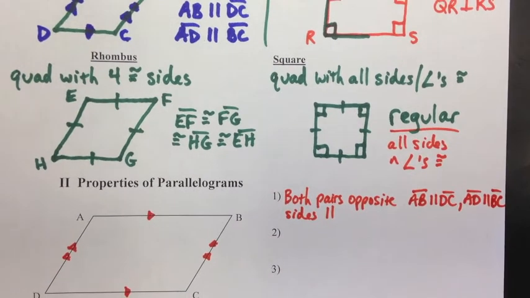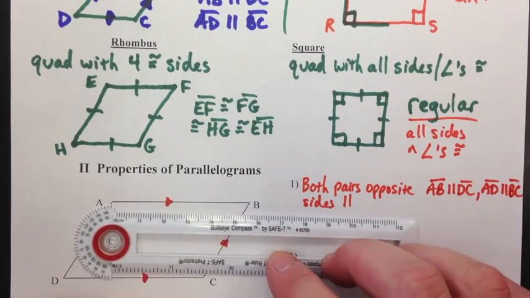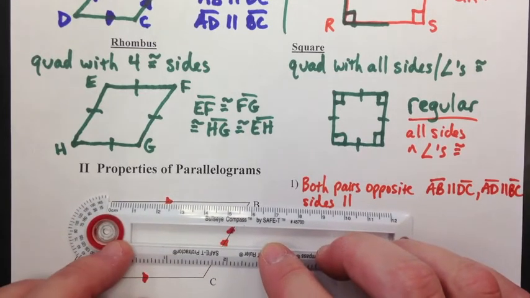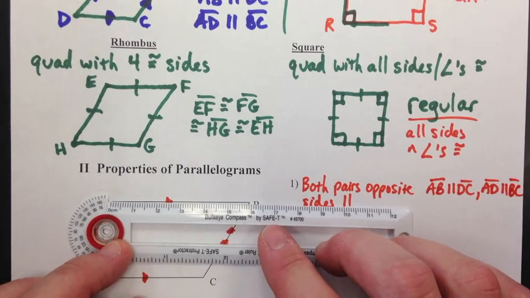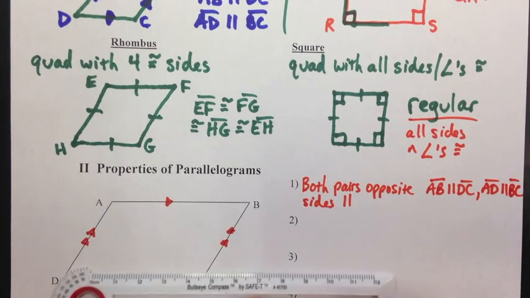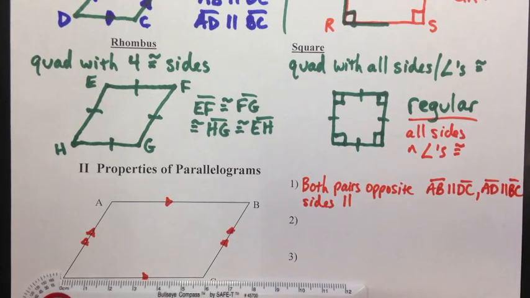Now let's talk about lengths. If I take a ruler here and I measure the sides, AB is about 5.9 centimeters and DC is 5.9 centimeters. They're the same.